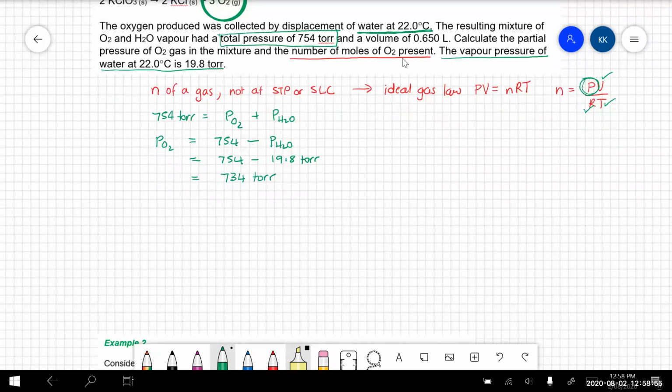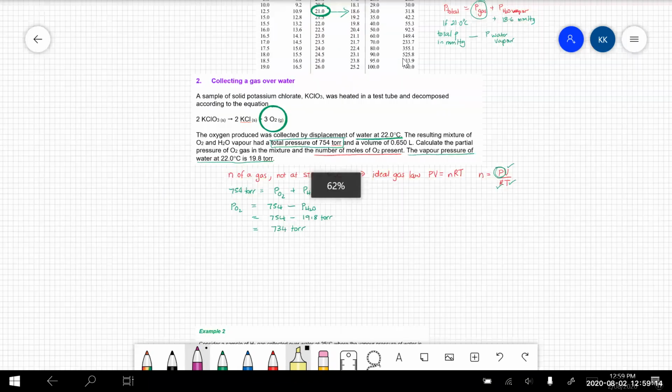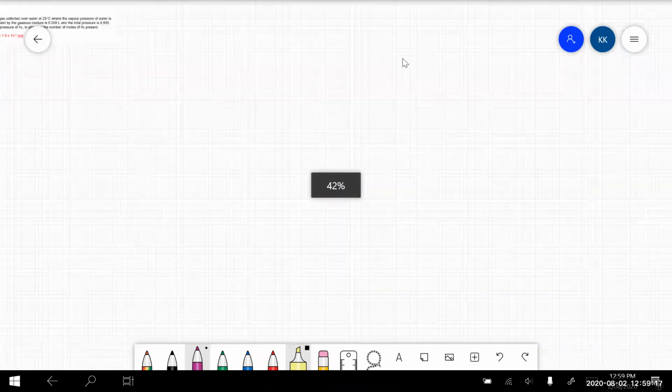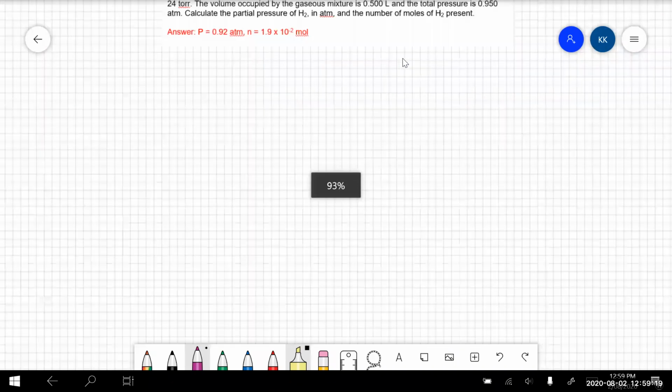And to find the moles, we can either use the universal gas constant for torr, or millimeters of mercury, or we can convert torr into kilopascals. I think I'm going to convert my 734 torr into kilopascals.